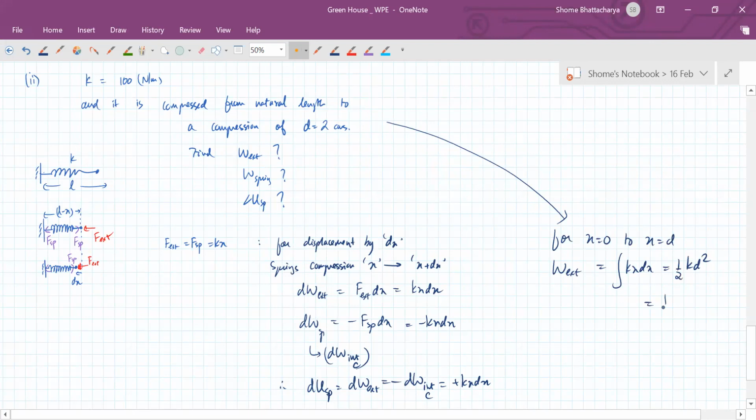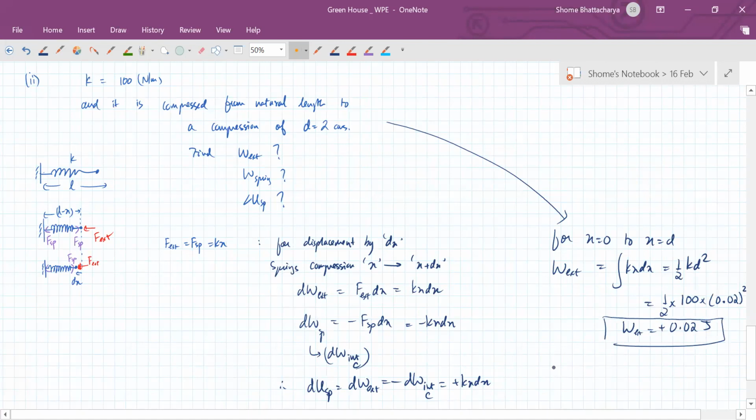So here that will become 1 by 2 into 100 into 0.02 squared. So that will become 0.02 joules. But it will be positive. So this will be 4 into 10 raised to the power minus 4 into 100 divided by 2.